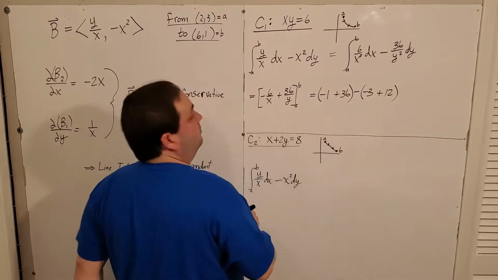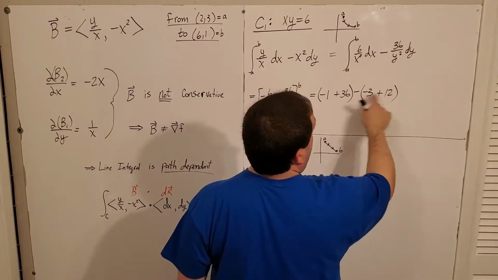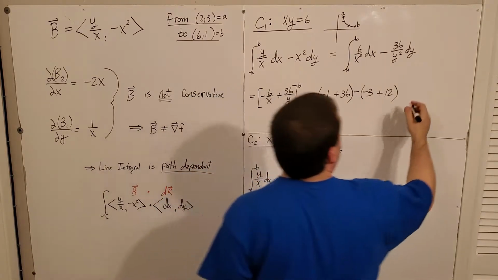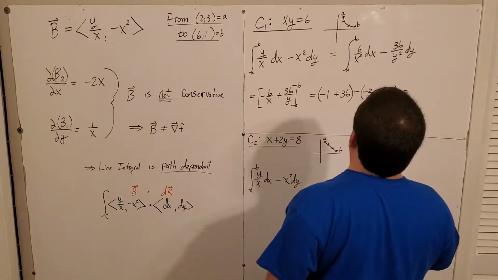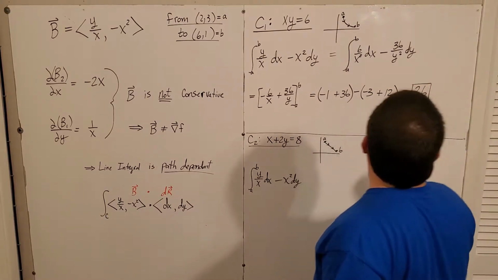Then right here I have plus 3 and minus 12 basically, which is going to give me 26.